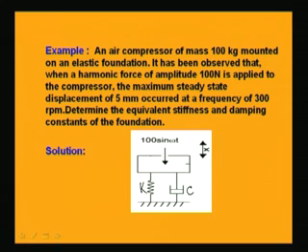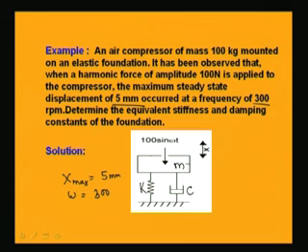So, we have to determine the equivalent stiffness and damping constant of this foundation. This compressor we can model as a single degree of freedom system with mass m equal to 100 kg, and we have to find this k and c of the system. It is given that the maximum steady state displacement x max is 5 mm, and it is occurring at a frequency omega equal to 300 rpm.